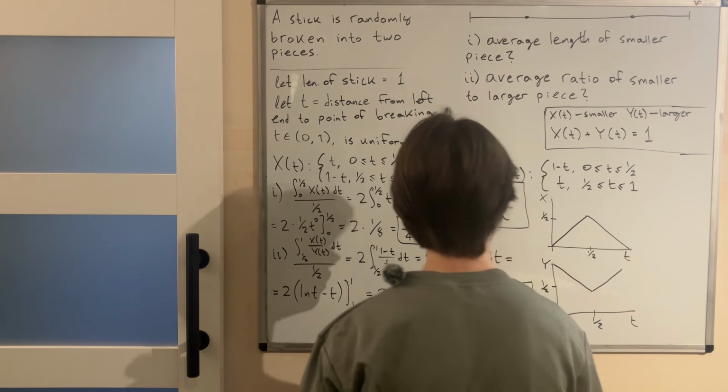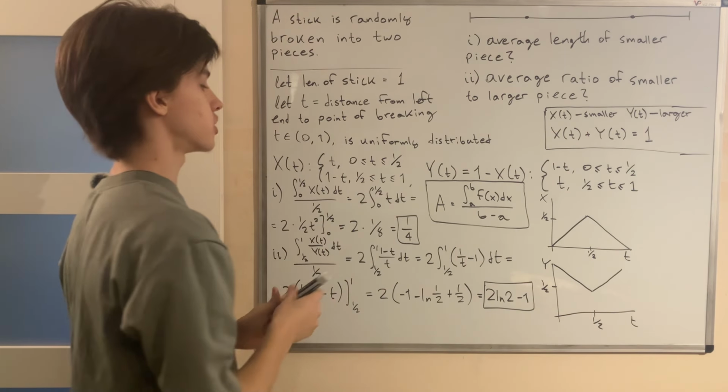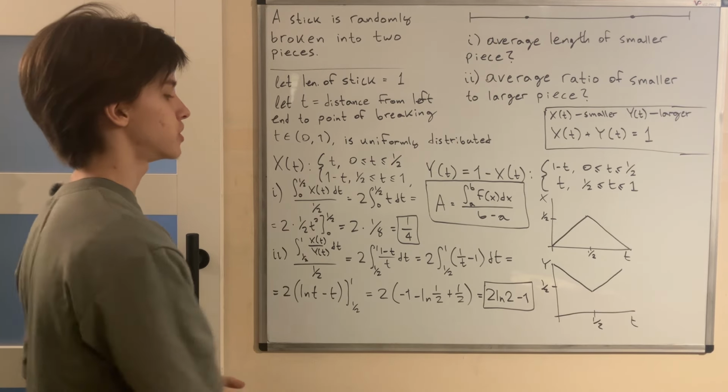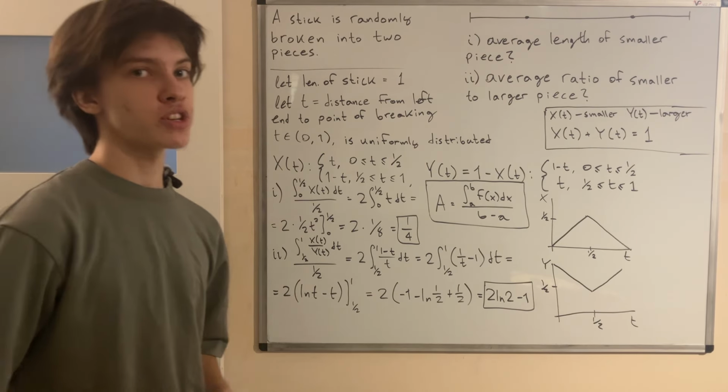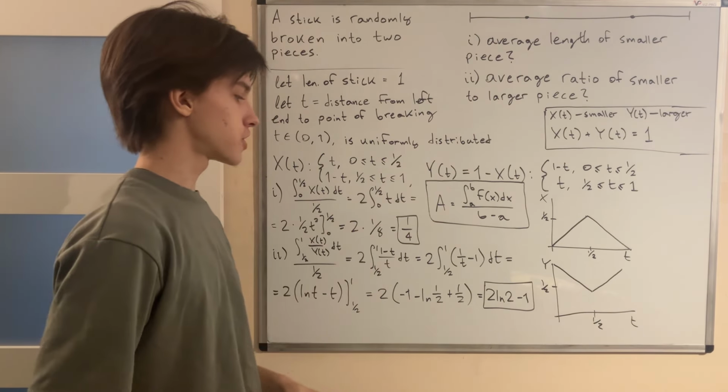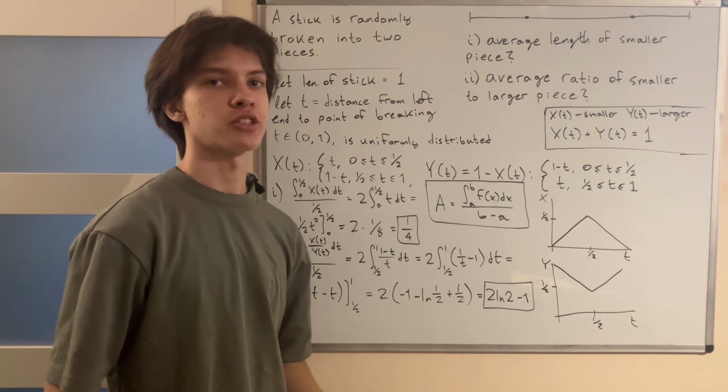And that is going to be our answer to both of these questions. For 1, the average length of the smaller piece is 1/4, and for 2, the average ratio between the smaller and larger pieces is 2 ln of 2 minus 1.